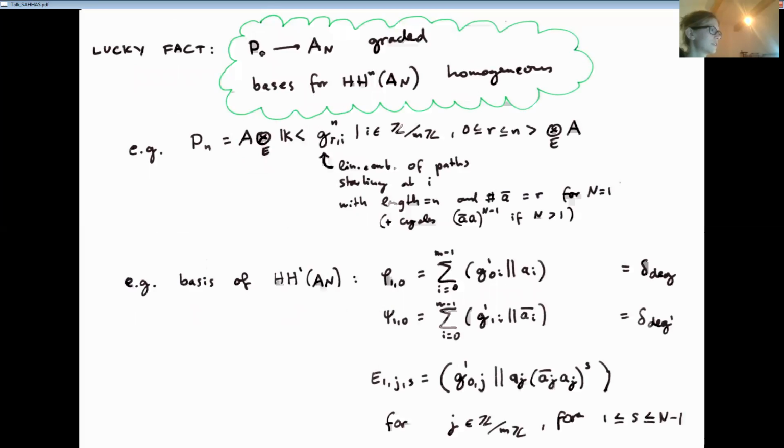A very lucky fact for us in hindsight was that the projective resolution constructed by Snashe and Taipei is a graded resolution with respect to these gradings. And also these bases that they give are homogeneous.